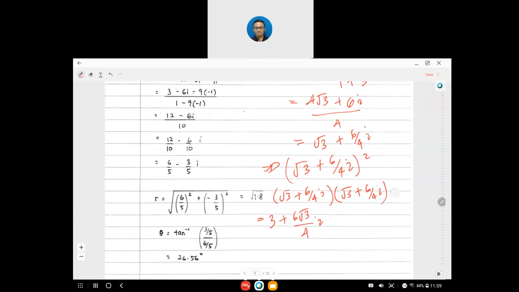Okay, and then expand the other one, you get 6 times 3 over 4i plus, okay, 6 over 4i squared. What will you get?